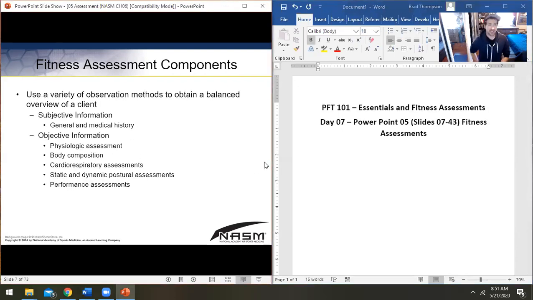So we know the fitness assessments, right? Again, we're going to use a combination of objective and subjective information. We need to be able to objectively measure someone's functional capacity.